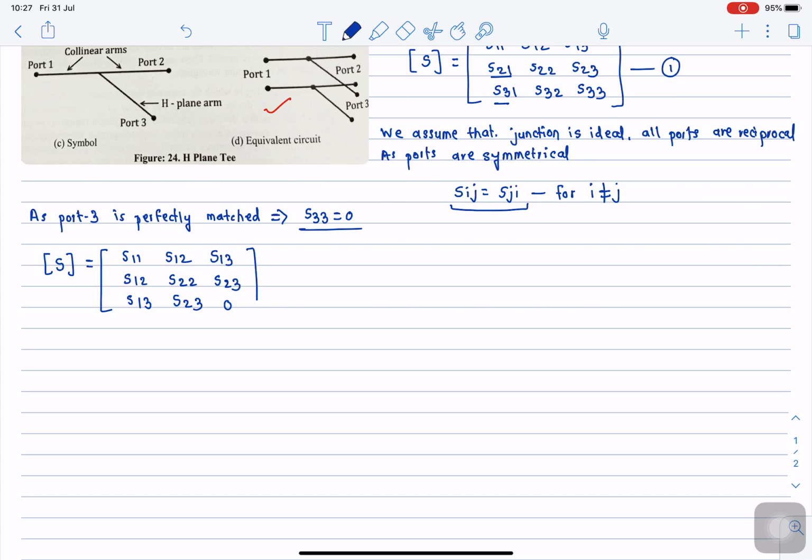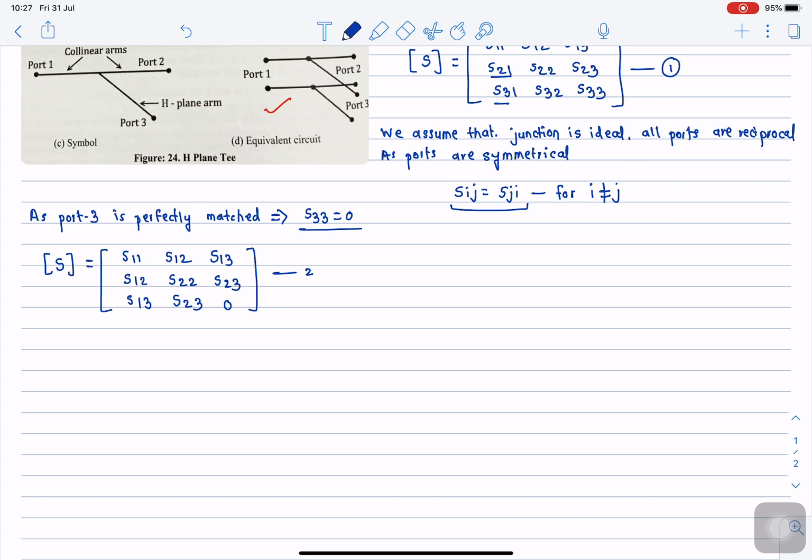So you observe equation number 1 and equation number 2. What change have we made in equation number 1? We followed these properties and made S33 equal to 0, and the scattering matrix is modified from equation number 1 to equation number 2, right? So we will go ahead now in the H plane T. So what do we know about the H plane T?